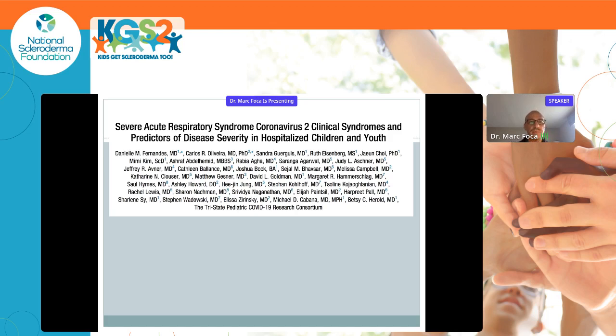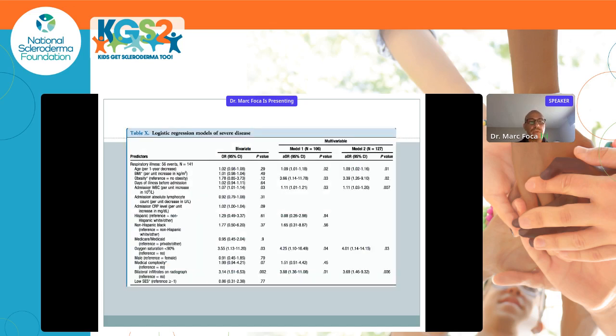This is a slightly busy slide, but the main points are that the younger age group was more likely to be admitted to the hospital, as were children who were overweight, children who had a higher white count, and who had a lower oxygen saturation in the emergency room, and infiltrates on their chest x-ray.